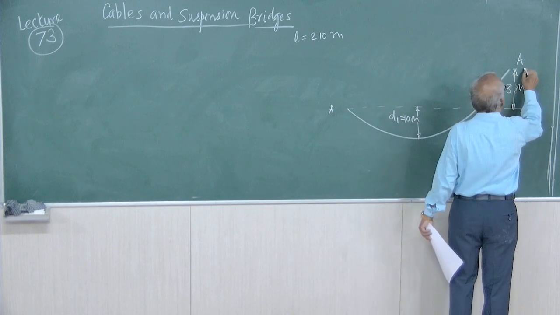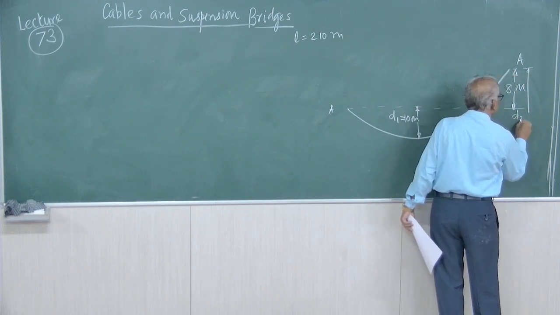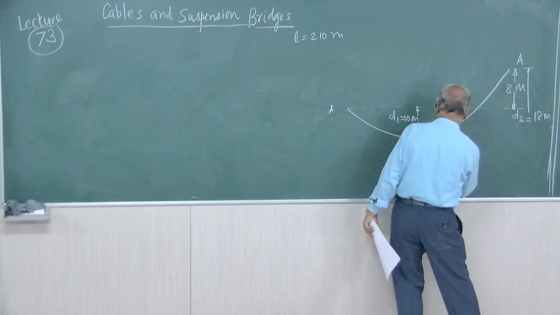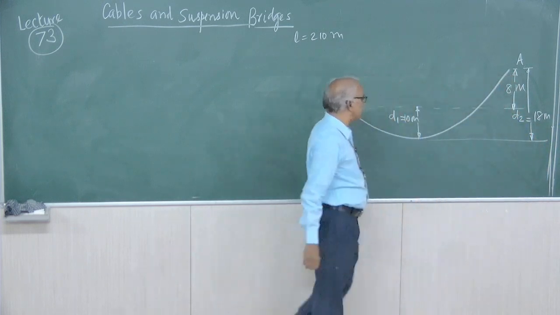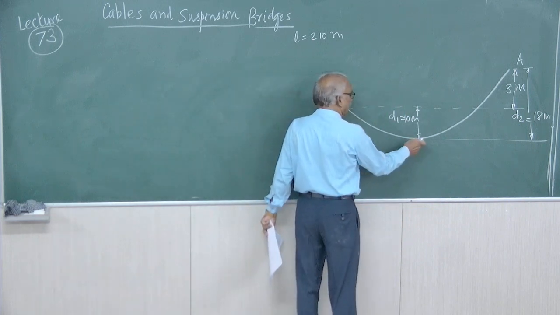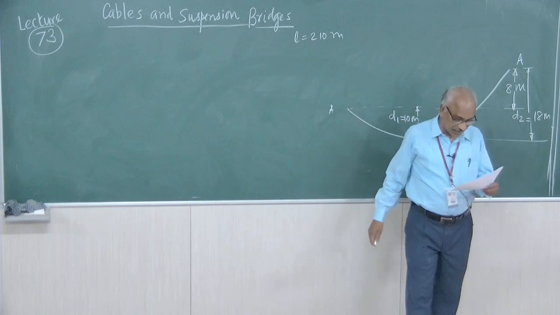When the difference in level is 8 meters, then D2 will be equal to 18 meters. From the lowest point, this distance is 18 meters. So from the lowest point up to the left support it is 10 meters, and the difference in level is 8 meters. Therefore D2 equal to 18 meters.